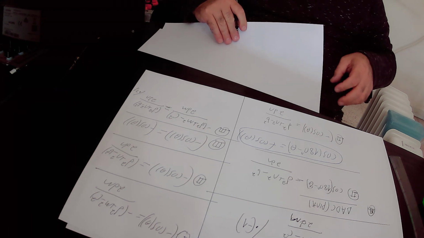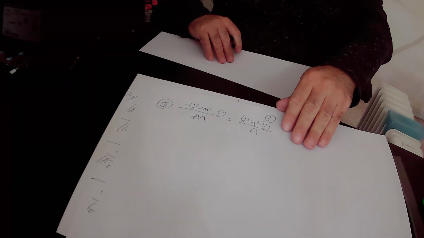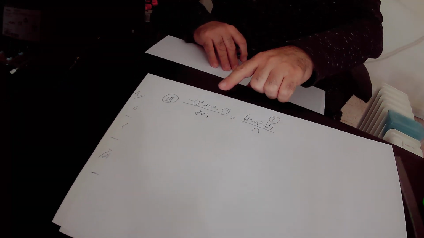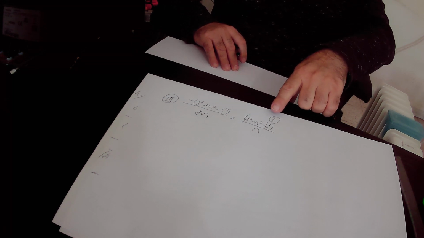In conclusion, we found out that according to equation number 3, minus d squared plus m squared minus c squared over m equals d squared plus n squared minus b squared over n.